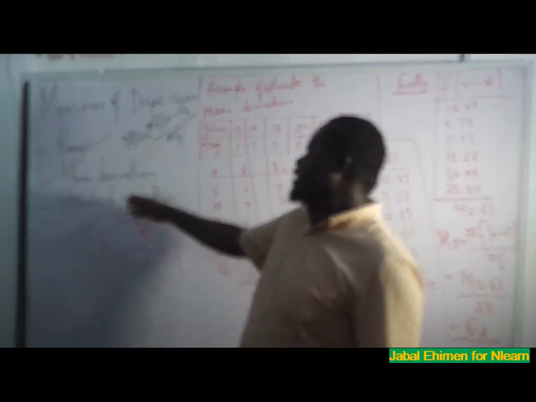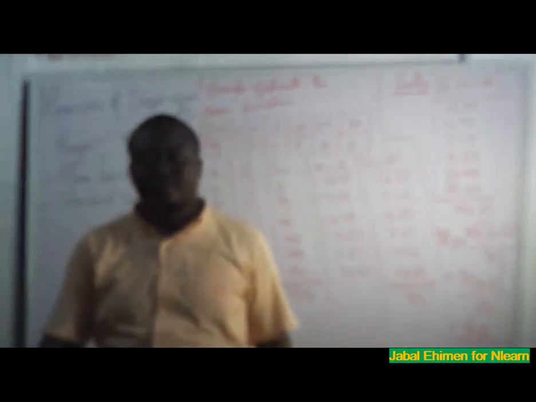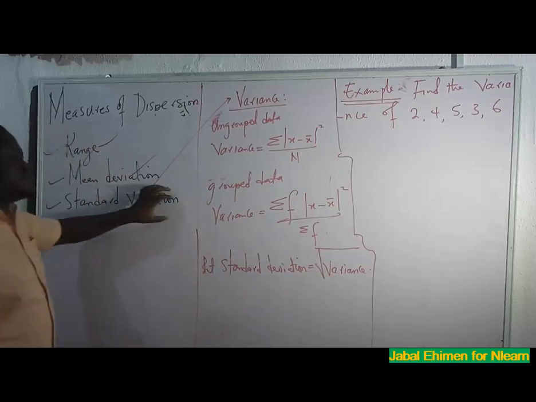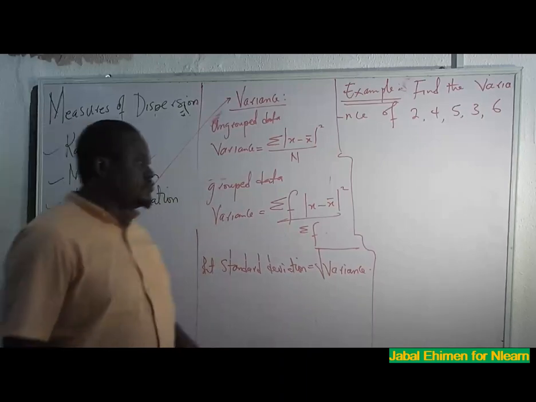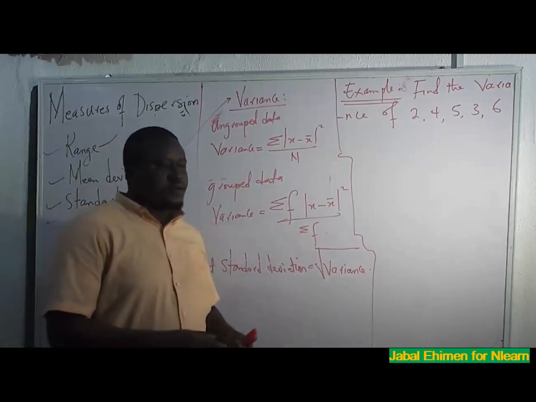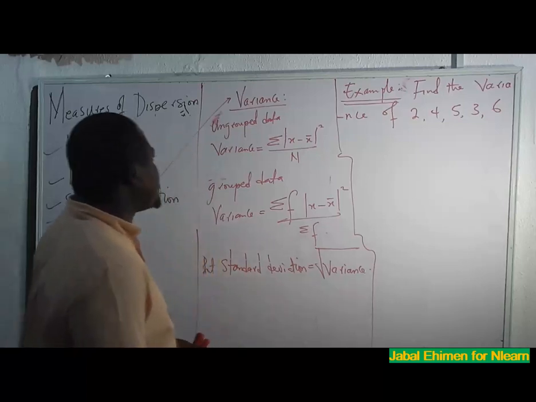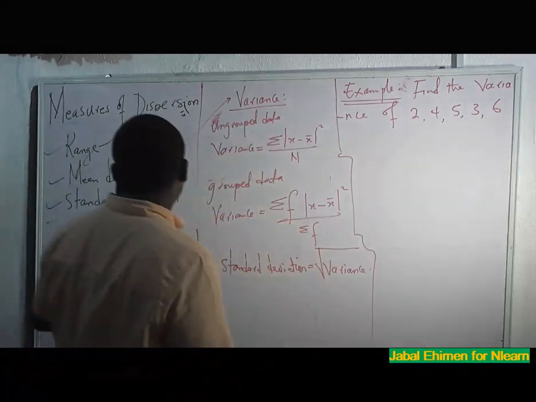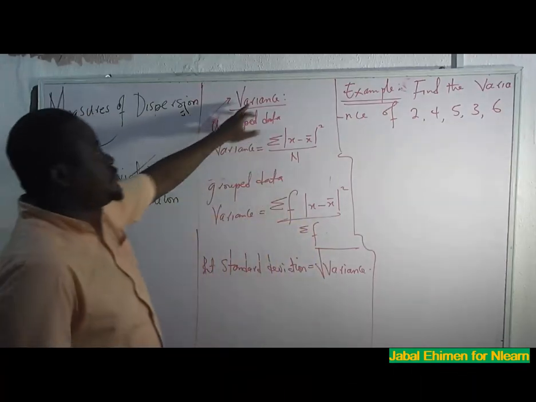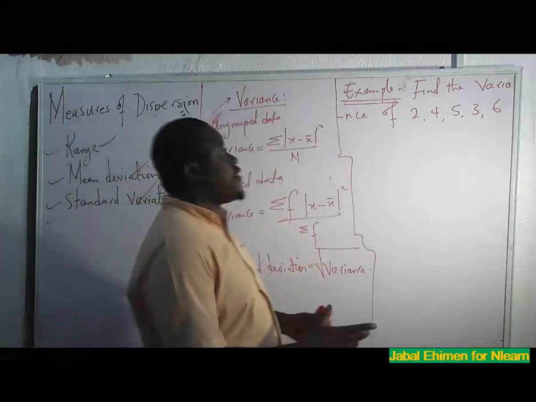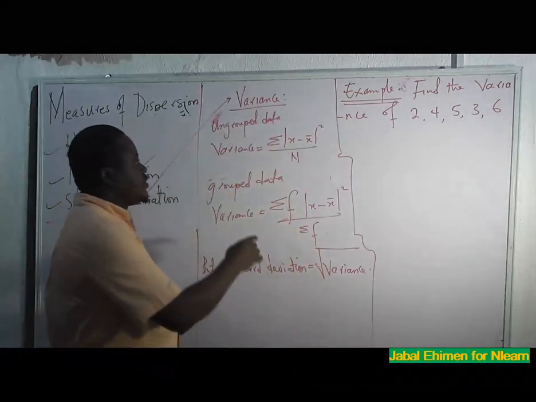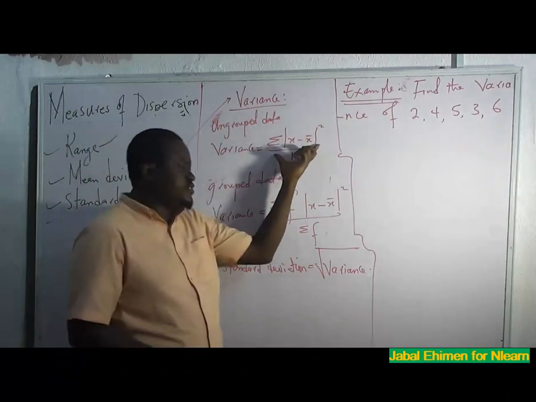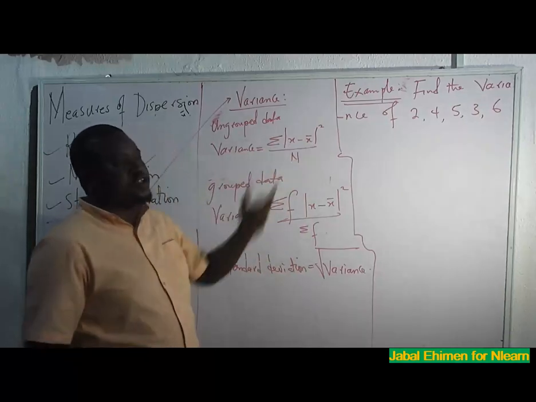It's called the standard deviation. Now, let's talk about standard deviation. You cannot talk about the standard deviation without talking about variance. As ungrouped data, variance is the summation of this divided by the number.